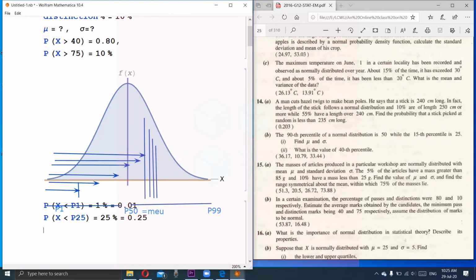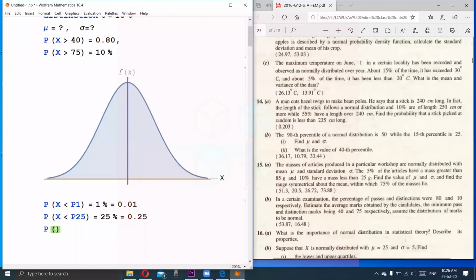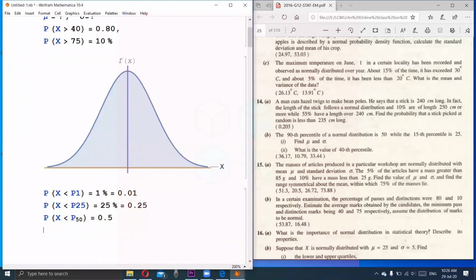Now we can find the percentiles using the same equation, x less than a specific point. It may be P1, P25 or P50, which is equal to 0.5, 50% area below this point. So we can write its value as mu, because P50 lies at the center, and so on.